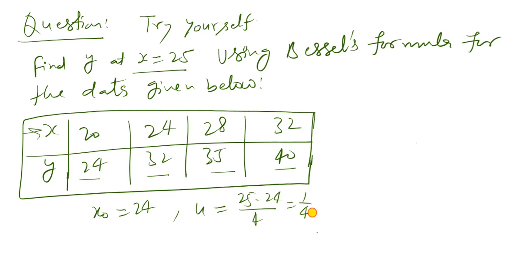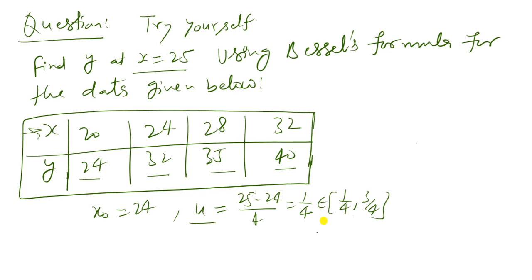So this is 1 upon 4. So 1 upon 4 belongs to the closed interval 1 upon 4 to 3 upon 4. It means Bessel's interpolation formula is applicable. Construct the difference table, substitute the values from the difference table and u is equal to 1 upon 4 in Bessel's interpolation formula and simplify with the help of the calculator.